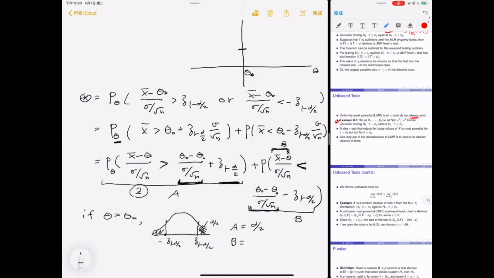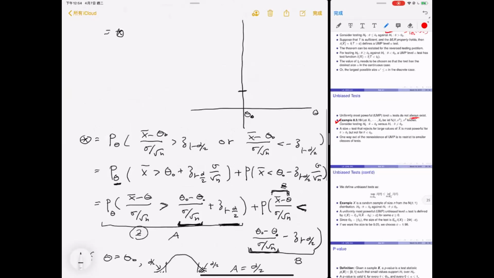So this guy right here is also alpha over 2. So that means your B is alpha over 2 as well. Then A plus B becomes alpha. So that means if theta actually is theta naught, then your size is alpha.